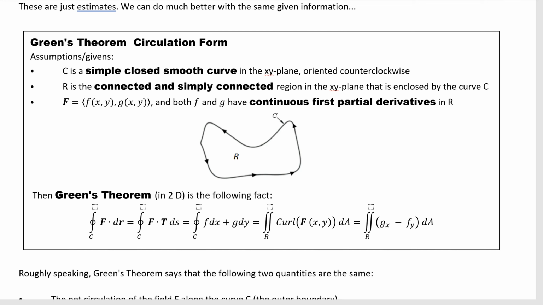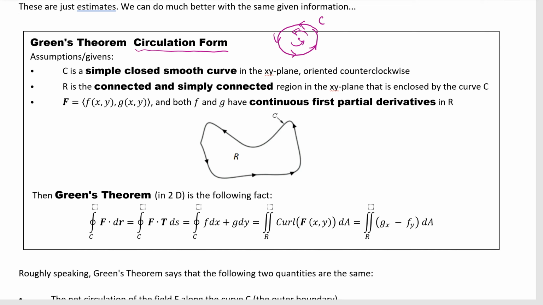In the circulation form, we're talking about how much the vector field is flowing in the direction of C. This is circulation, and here we're measuring the field rotating counterclockwise, which is the curl. So the circulation form involves circulation and curl.